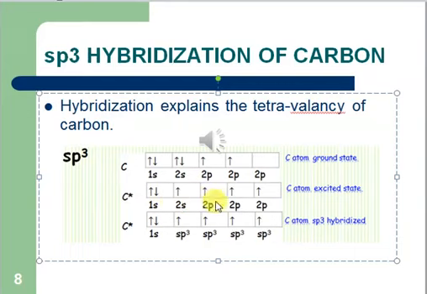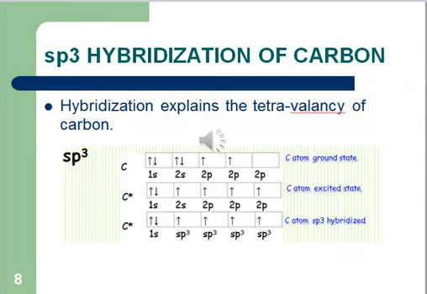After being converted into the excited state, the 2s and the three 2p orbitals, these 4 orbitals, mix together and form 4 new orbitals. These are hybrid orbitals, and each of them is known as an sp3 orbital. All of these orbitals are identical, so the bonds formed by overlap with them will be exactly identical in shape, energy, bond angle, etc.